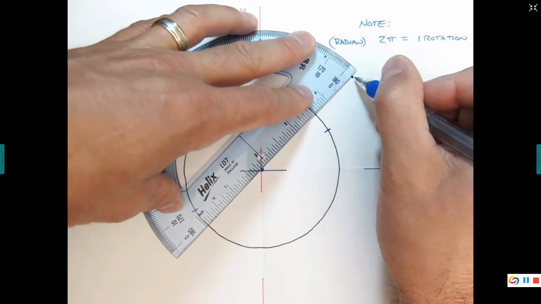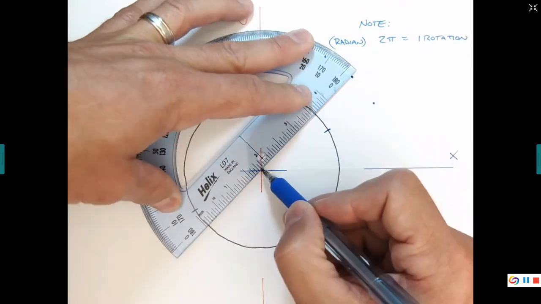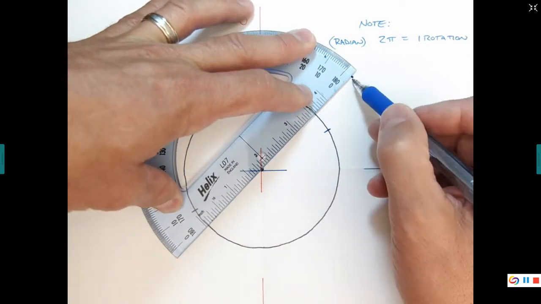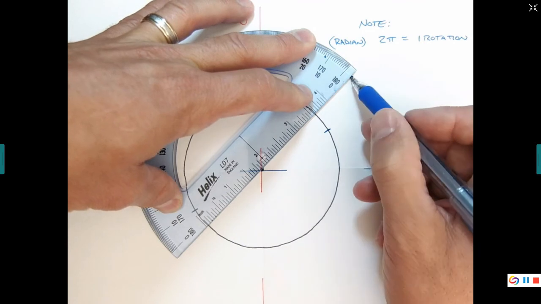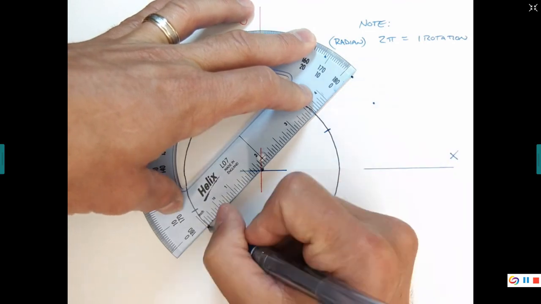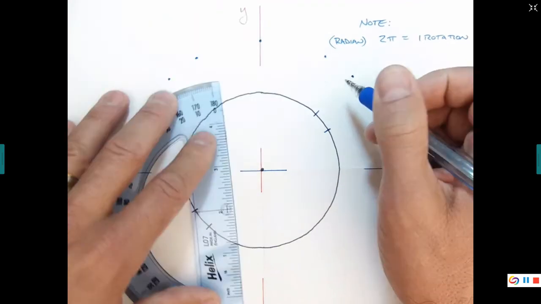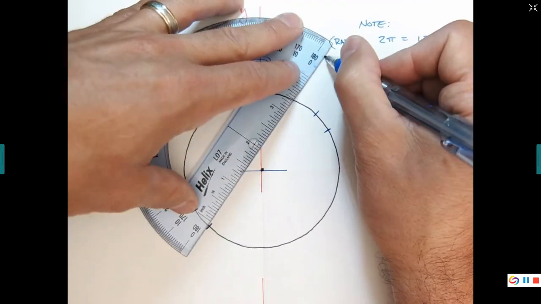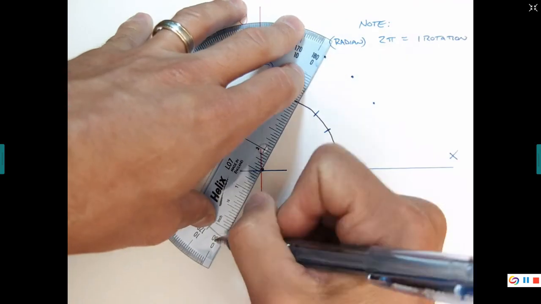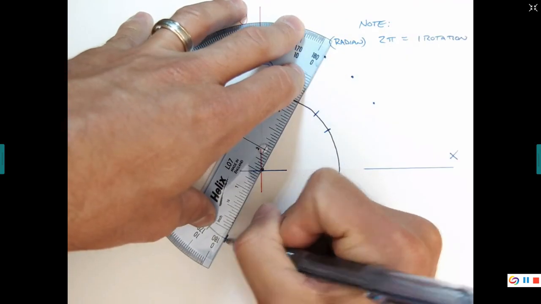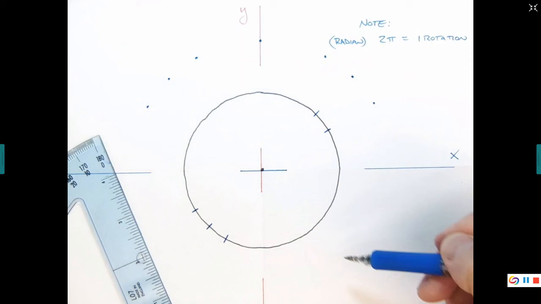Draw this, and I'm just going to let this line intercept the point here and the point here, and then it'll intercept the circle right down here. So I can mark that. There we go. And so we'll mark that. We'll do the same on this one.